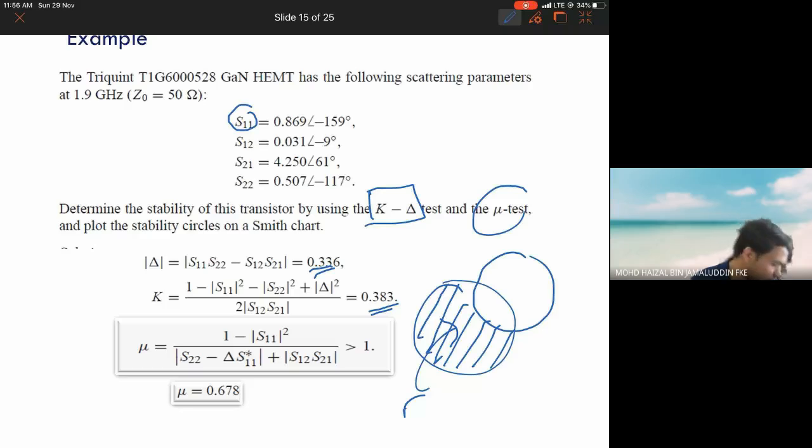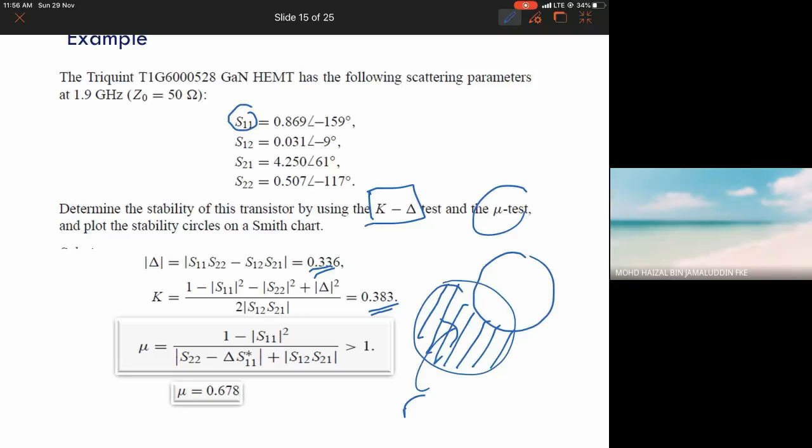This is where we can choose the gamma in, gamma S and gamma L. You can choose gamma S or gamma L within this area. Gamma S for input, gamma L for output.